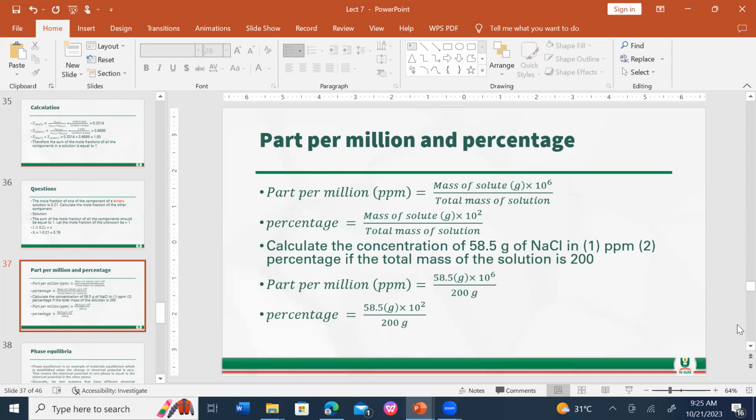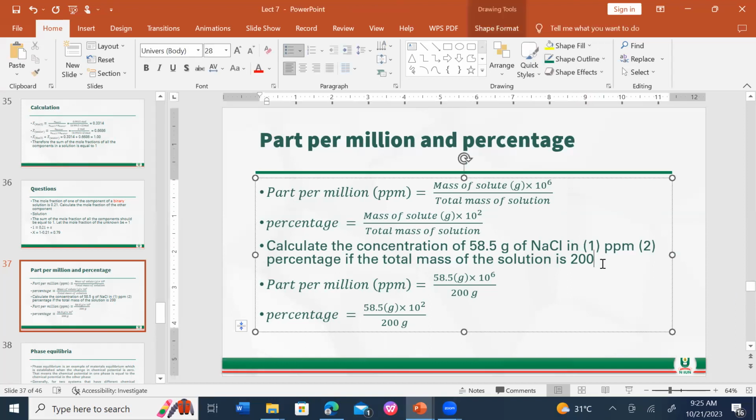Now, when you talk of percentage, percentage is 10 raised to the power of 2. So that will be the mass of solid in grams times 10 raised to the power of 2, all over the total mass of solution. An example here: calculate the concentration of 58.5 grams of sodium chloride in 1. parts per million, 2. percentage, if the total mass of the solution is 200 grams.